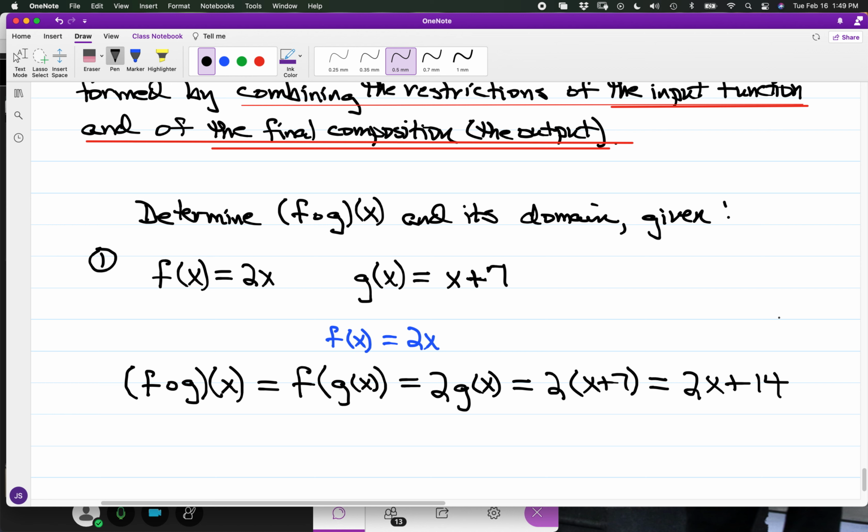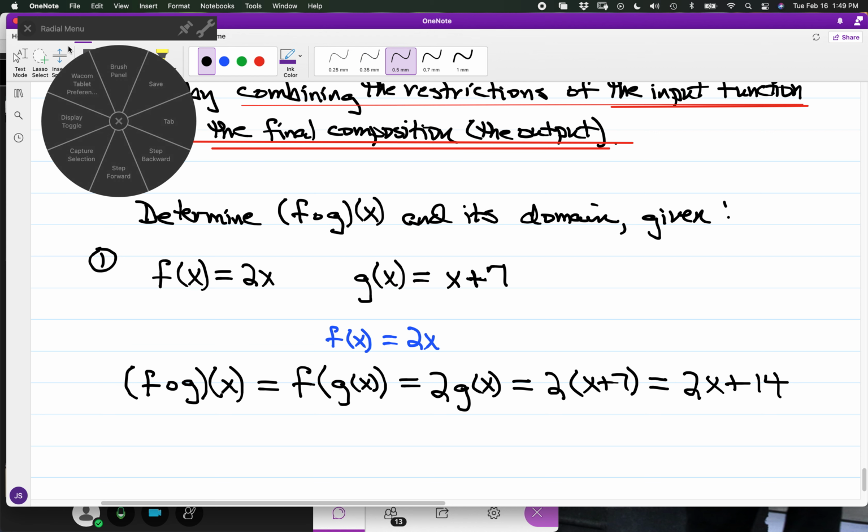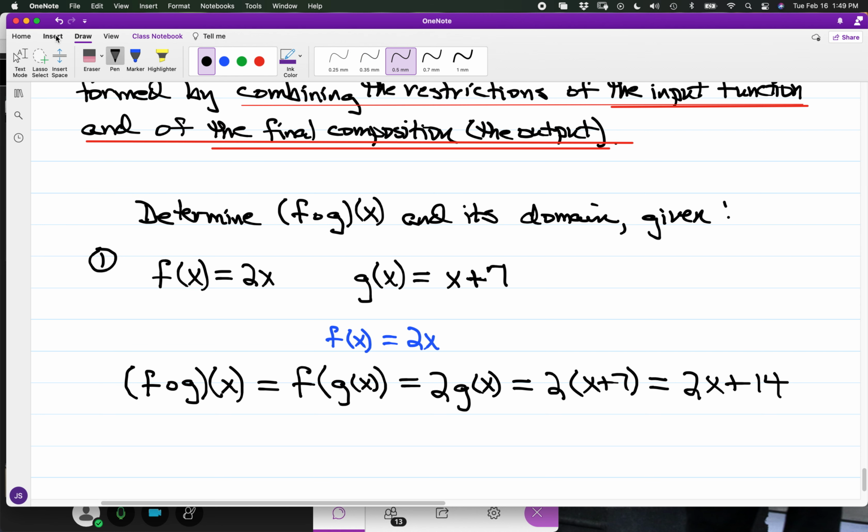And let me just mention, this is going to be your composition whenever we have f composed with g of x.